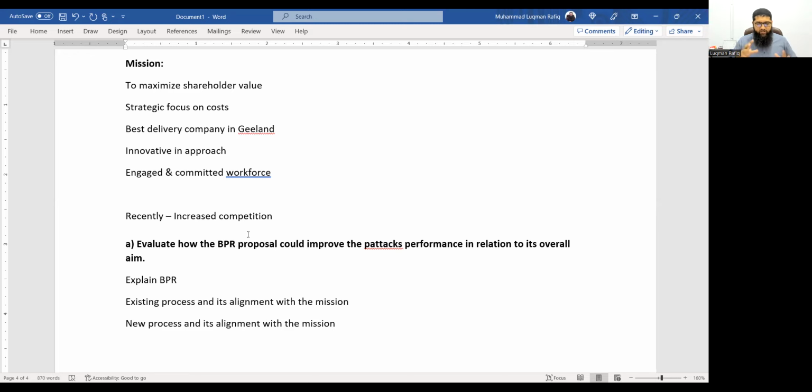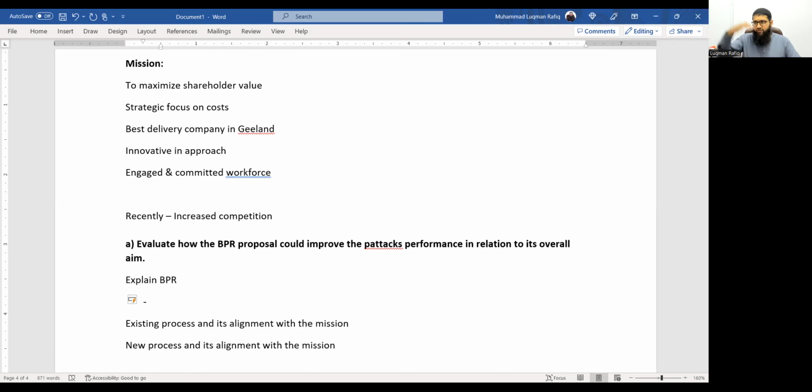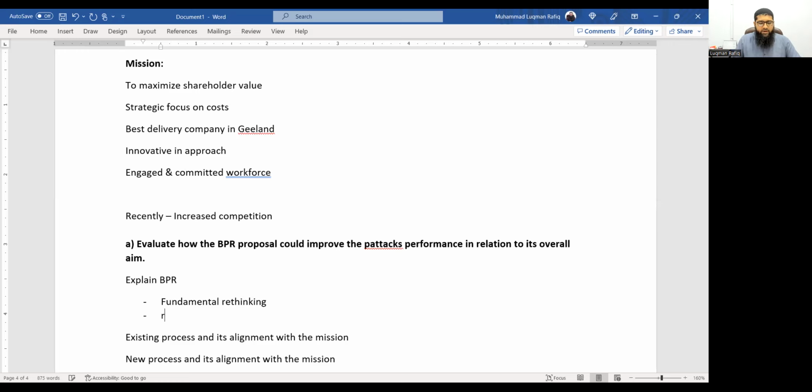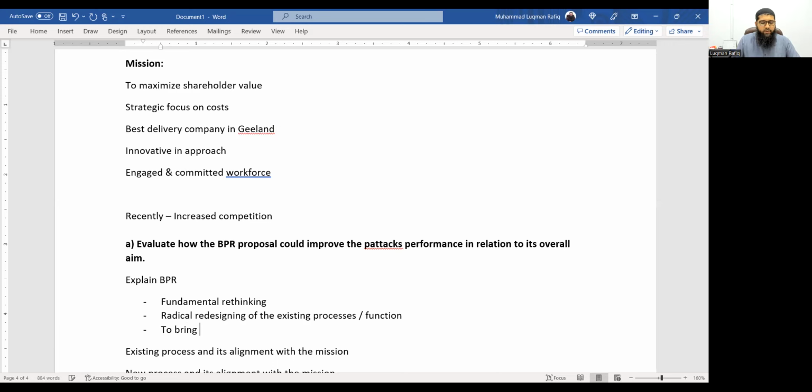So that is what you will actually be talking about now. So with respect to BPR, I'm just identifying the major points. What is the BPR? BPR is basically fundamental rethinking, radical redesigning of the existing processes and functions to bring about a large change.